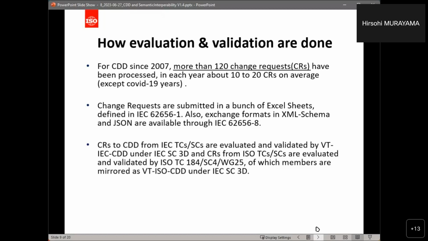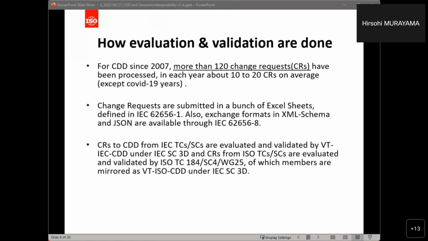Okay, and these change requests are managed, in the case of IEC, by IEC SC3D, I think, the VT, validation team.